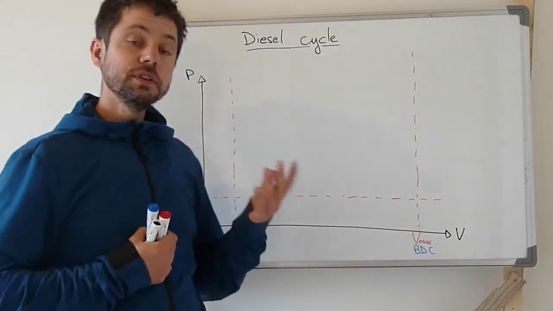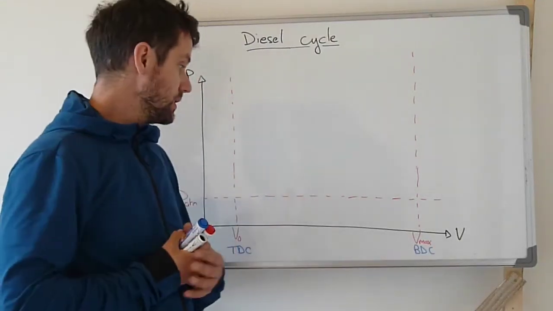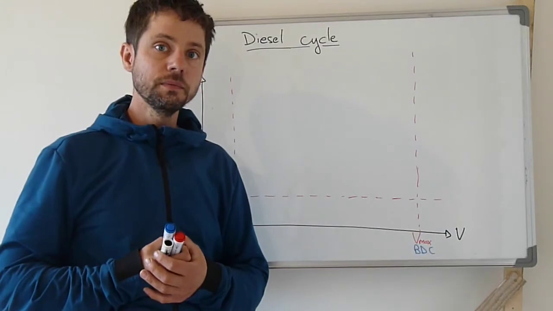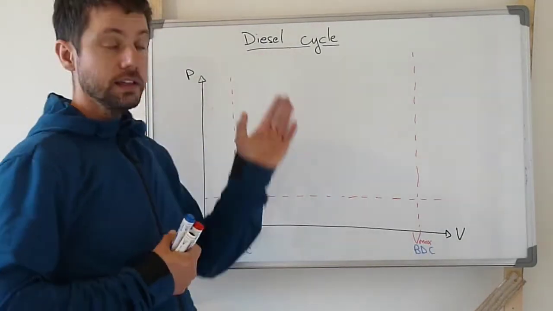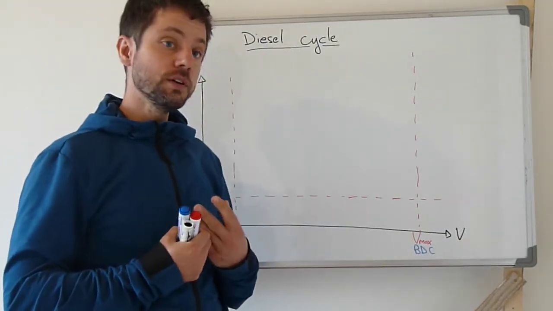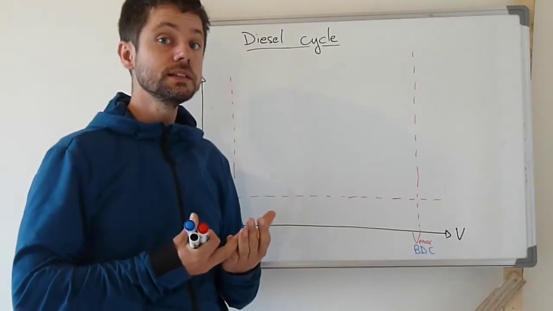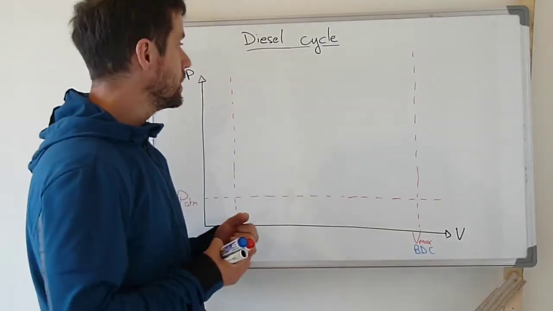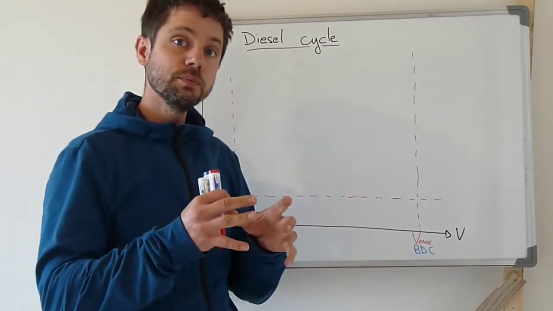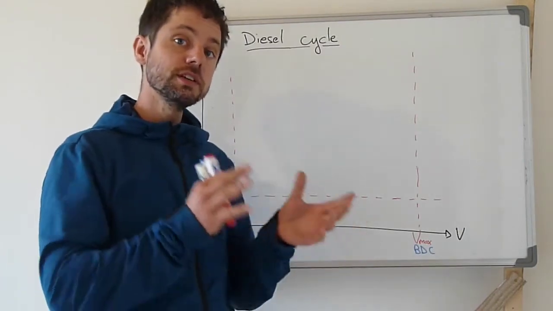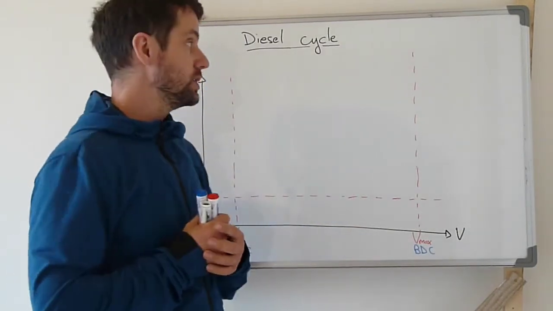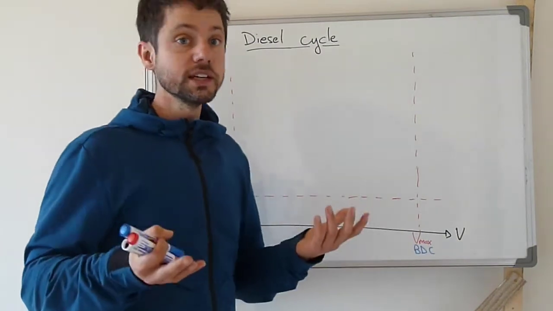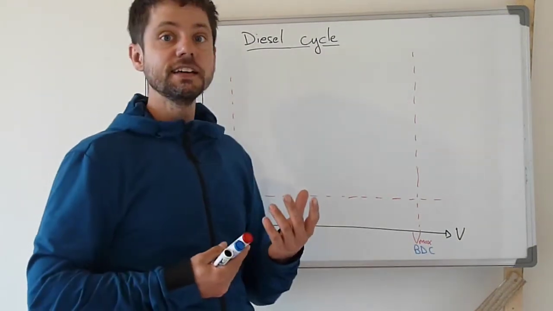Let's now represent a diesel cycle in an indicated diagram. A diesel cycle is once again the name of a theoretical cycle that is used in order to describe what's taking place only in compression ignition four-stroke engines that are usually called diesel engines.